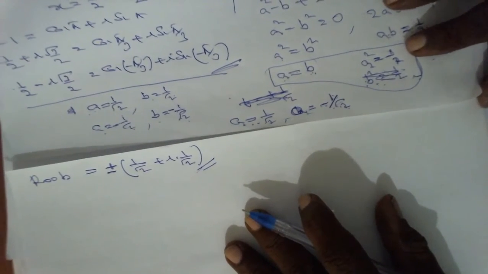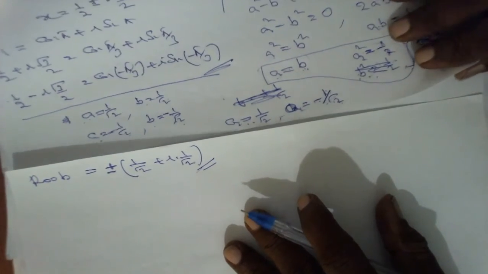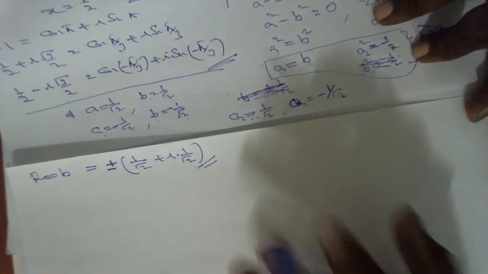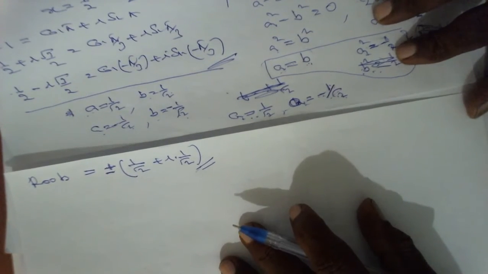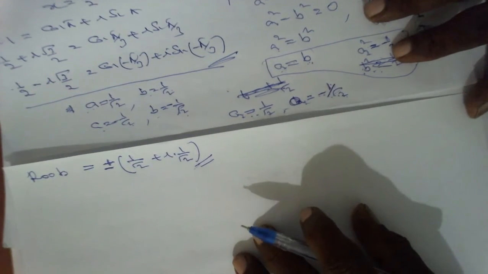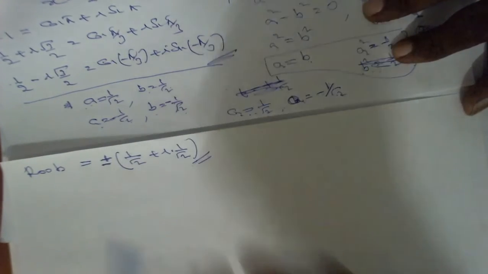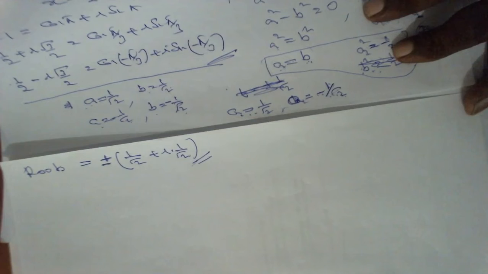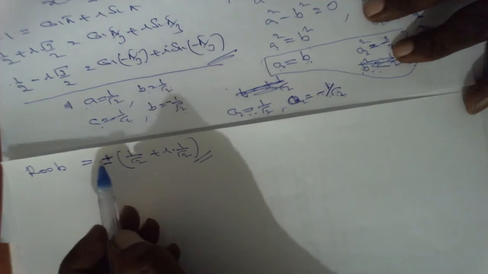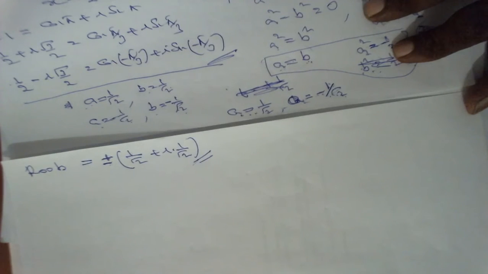Always two roots are available in the form of plus or minus something. Two roots can always be expressed in the form of plus or minus something like this. Always when you solve any equation of this type, you have plus or minus roots.